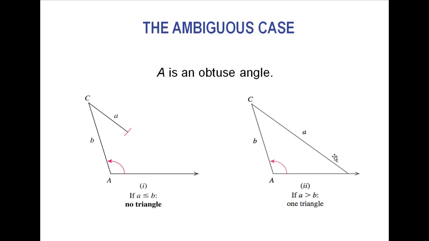Because now A is obtuse, and remember H would be over here to create a right triangle. So if it was equal to that length, it would just come down here and it wouldn't touch. The only way it could touch would be over here, but again that wouldn't work because then we wouldn't be using angle A, we'd be using this angle over here.